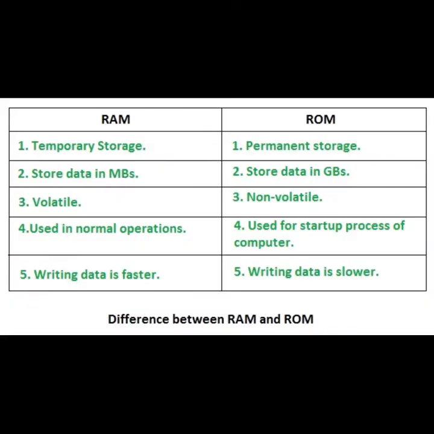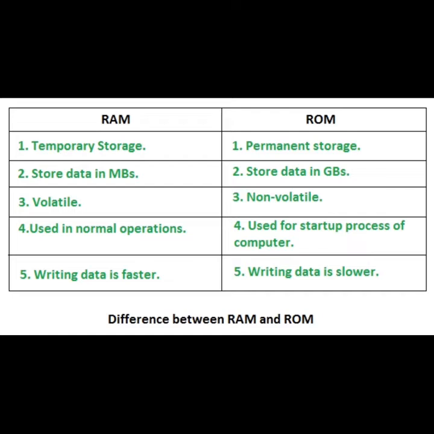So let's discuss the difference between RAM and ROM. RAM is a temporary storage device and ROM is permanent storage memory. RAM stores data in MBs and ROM stores data in GB because ROM is larger than RAM. RAM is volatile and ROM is non-volatile.